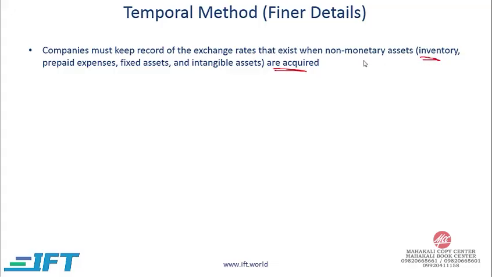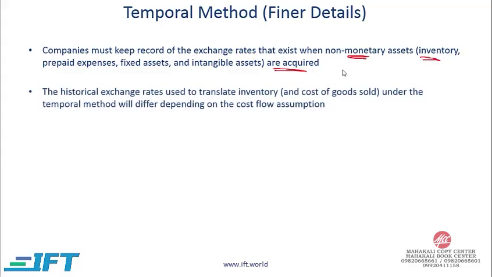Remember, inventory is considered a non-monetary asset. The historical exchange rates used to translate inventory and then cost of goods sold under the temporal method will differ depending on the cost flow assumption. Recall from before that cost flow assumption could be last in, first out, and weighted average. And we are going to look at an example later that deals with these possible scenarios.